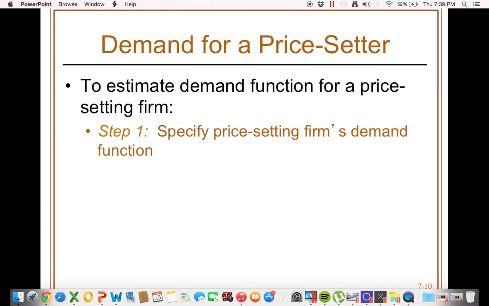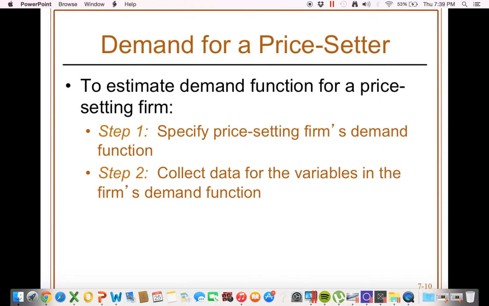What did we say in the last equation would be the effects? We said price, income, price of related goods. But it could be other things on top of that. So each individual firm should think about what could affect the demand for their particular firm. The second step is to collect data for the variables in the firm's demand function.